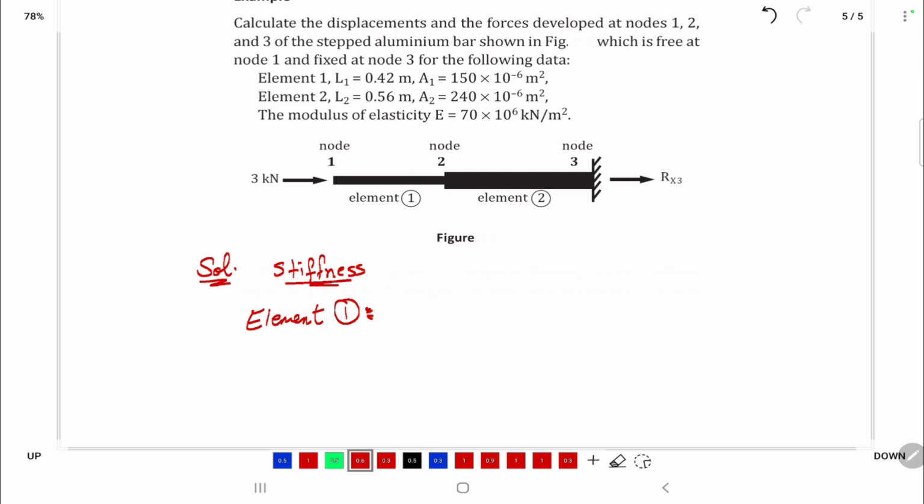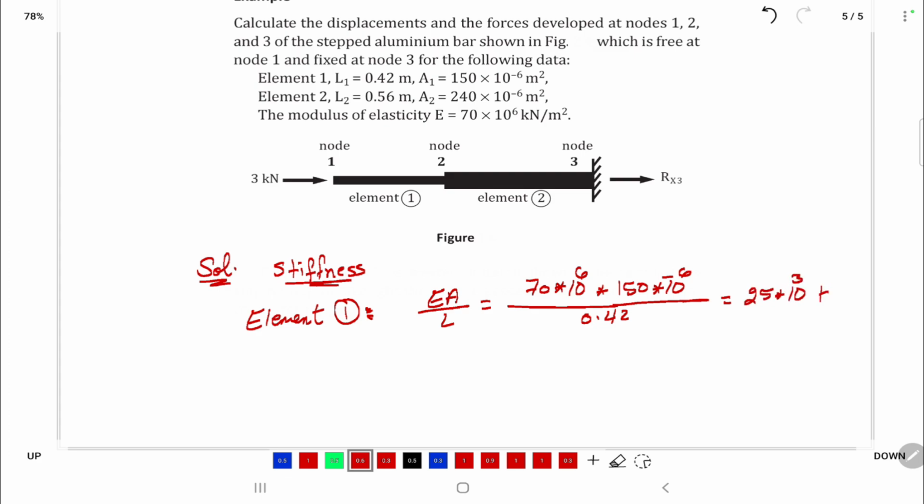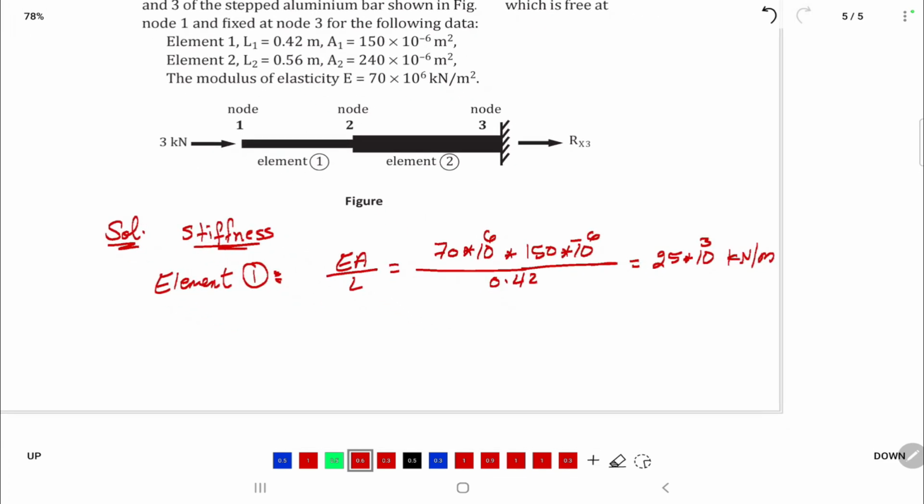For this one, I need to calculate first EA over L. E is 70 multiplied by 10 to the 6, multiplied by 150 multiplied by 10 to the minus 6, over L. L is 0.42. So this will be 25 multiplied by 10 to the 3 kilonewton per meter. So this is the stiffness for element 1.